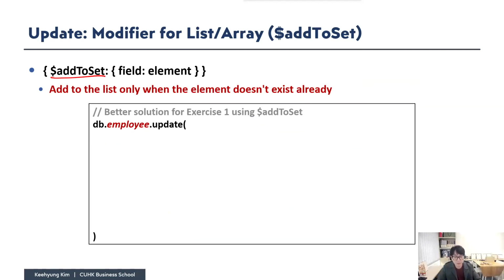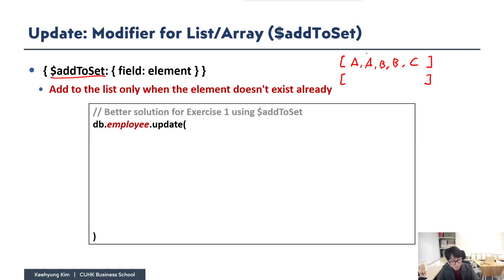If you are familiar with a programming language like Python, then you probably know about the difference between set and list. Basically, a list is a list of any elements. So it can be A, B, B, C, something like that. And a set is similar to a list, but it doesn't allow duplicates.